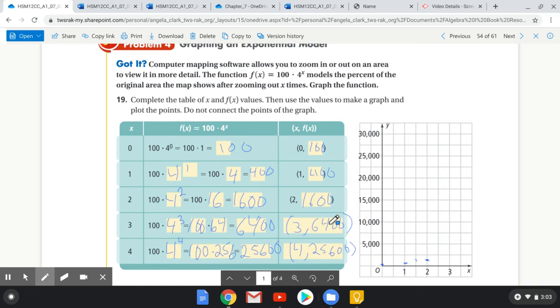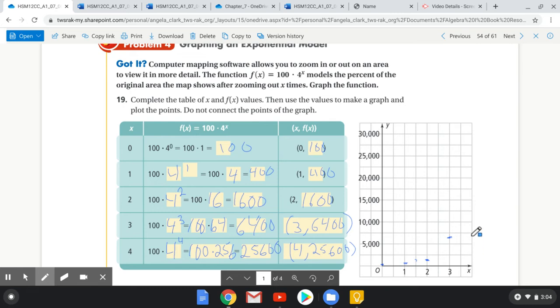Then 3 at 6,400. This would be 7,500. So 6,400 is up here somewhere over here. X is 3. And then 4 and 25,600. 4 is over here. X is 4.